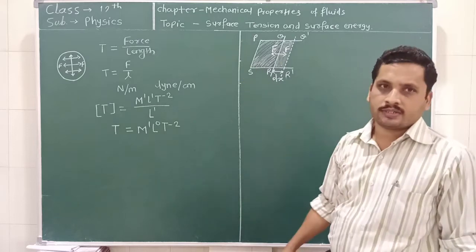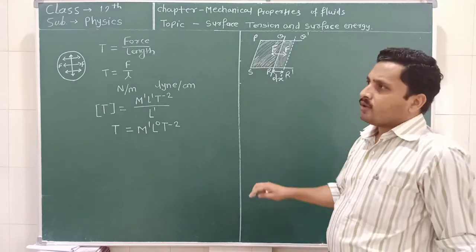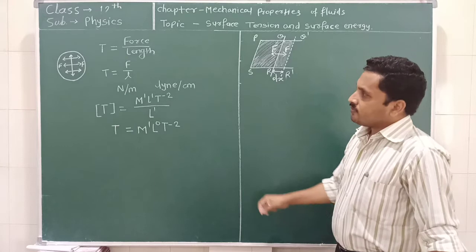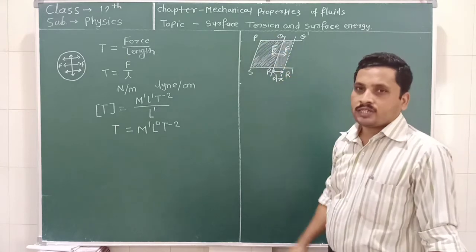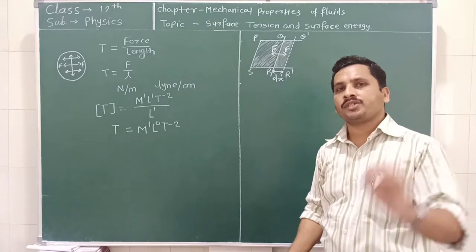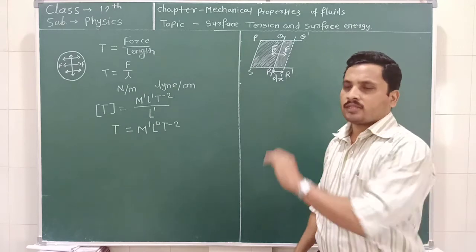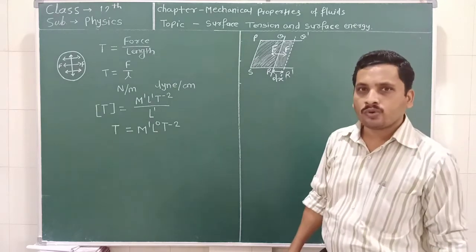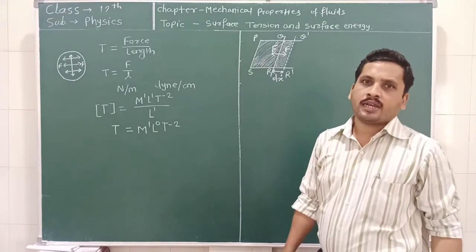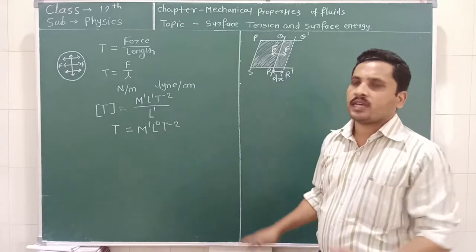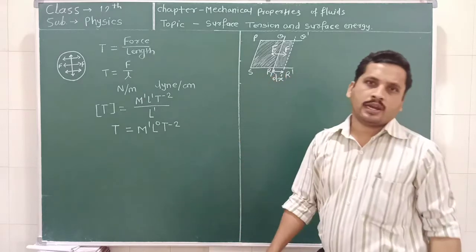Now as we said earlier, what is the property of surface tension? Surface tension always tries to minimize the surface area. So on each side a force is acted to minimize the surface area of this soap layer.